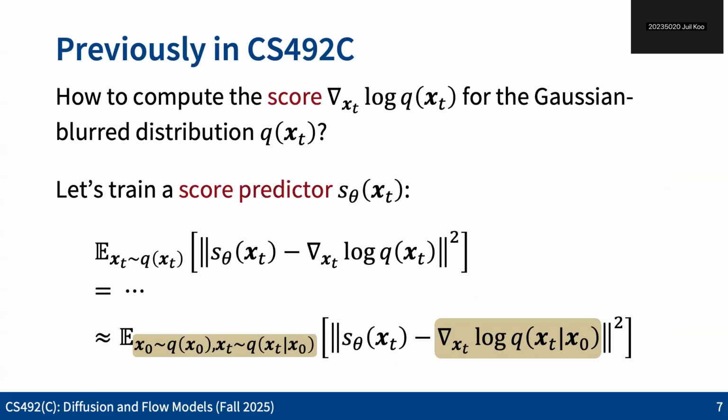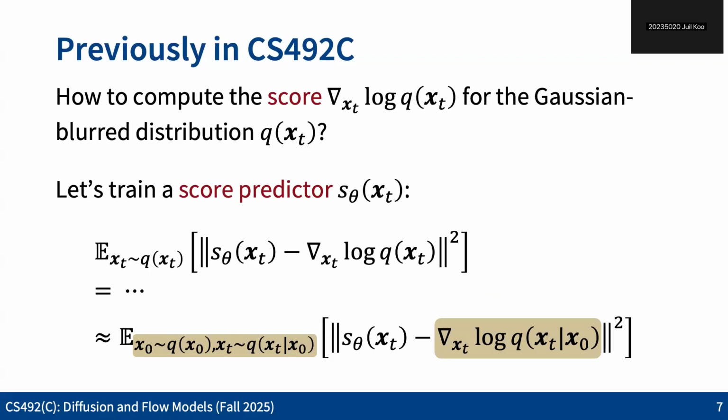For that, the basic idea was that we are going to train a score prediction network like this by minimizing the L2 loss with the score function here. It turns out that if you derive everything into the new expected value here, then we can see that this score function can be seen as an expected value, basically sampling x_0 and then sampling x_t based on that.